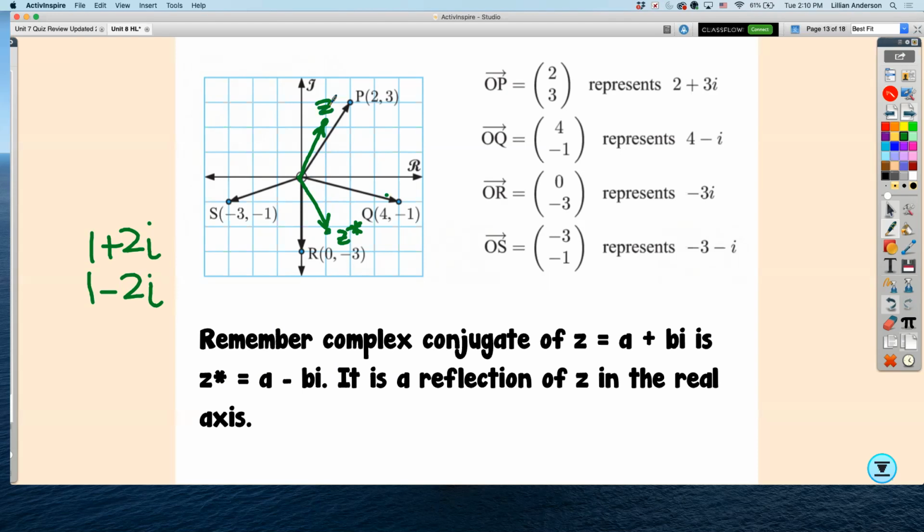It's a reflection over the real axis. Just a few common things. Hopefully you saw how I graphed that. I went 1 unit over to the right on my real, 2 units up for my imaginary. Essentially (1, 2), and then (1, negative 2), just like you would graph any point.